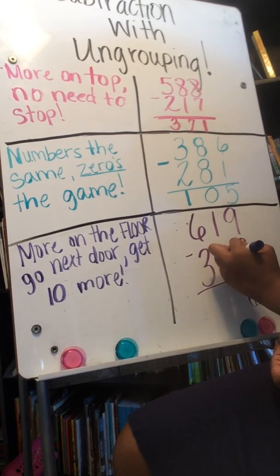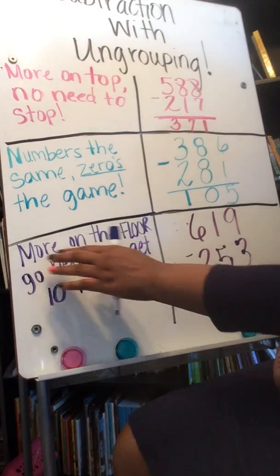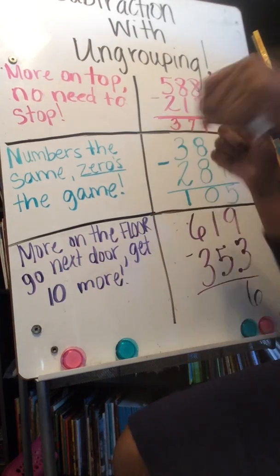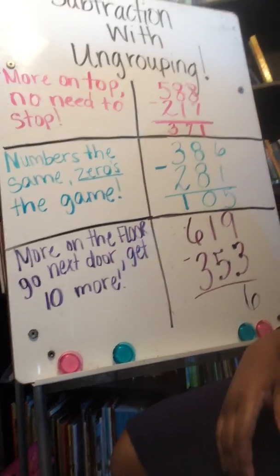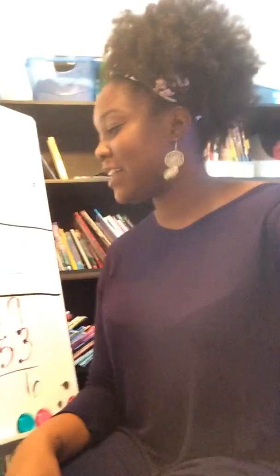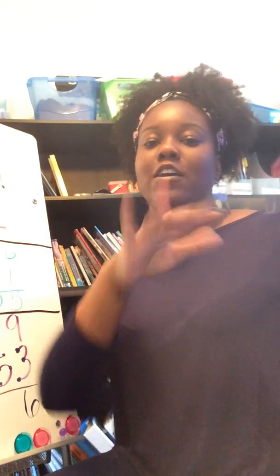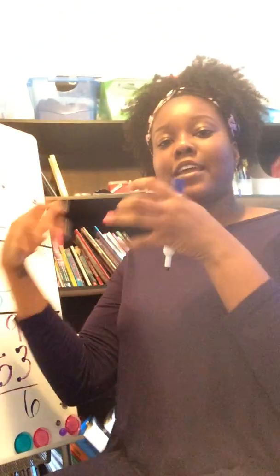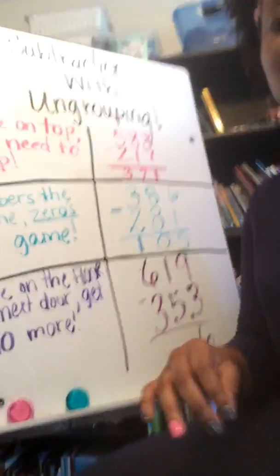If you only have 1, there's no way that you can take away 5 because you have more on the floor, more on the bottom. More on the floor, go next door, get 10 more. So it's kind of like a dance when you do that one. Or you can have them say more on the floor, go next door, get 10 more. So that way they're doing actions to help remember what they are supposed to do.